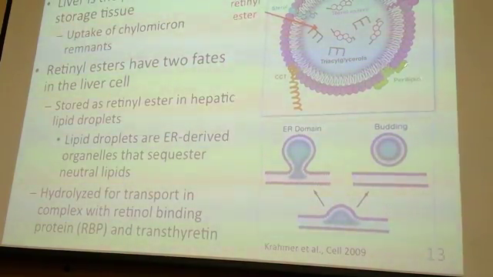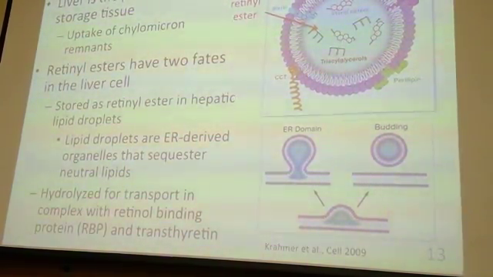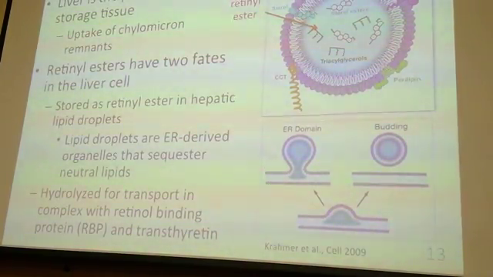These serve as a dynamic storage site for retinyl esters in the liver, and they can be hydrolyzed and released if we need them in the rest of our body. So the other route for retinyl esters is hydrolysis and transport of the retinol in complex with a binding protein in the blood.